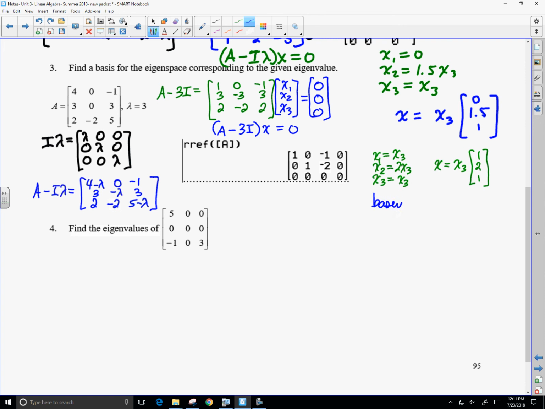So the basis for the... well, I don't even know why I tried doing script there. The basis would be the 1, 2, 1, because everything else would be a scalar multiple of that to make up your eigenspace.